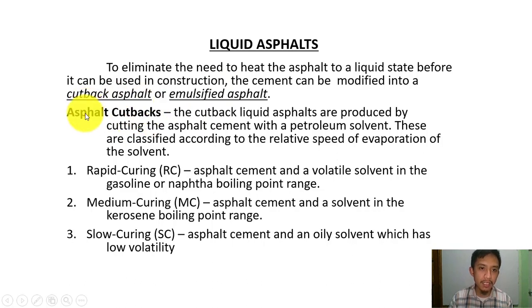So if you say cutback asphalts, the cutback liquid asphalts are produced by cutting the asphalt cement with a petroleum solvent. These are classified according to the relative speed of evaporation of the solvent. So in transforming the solid asphalt into a liquid state, we will be using a solvent, which is petroleum, since asphalt is soluble in petroleum products or petroleum liquids.